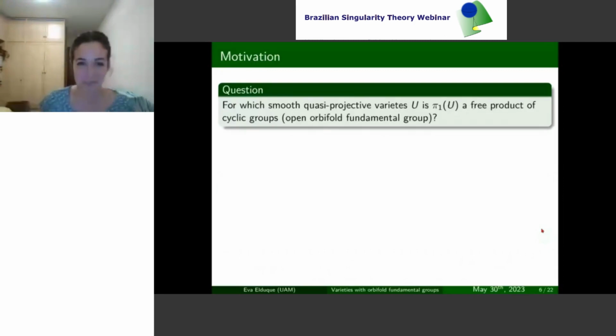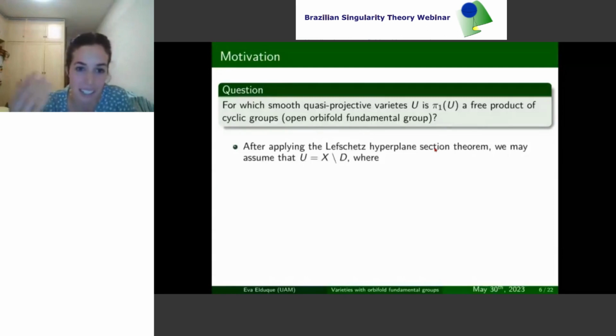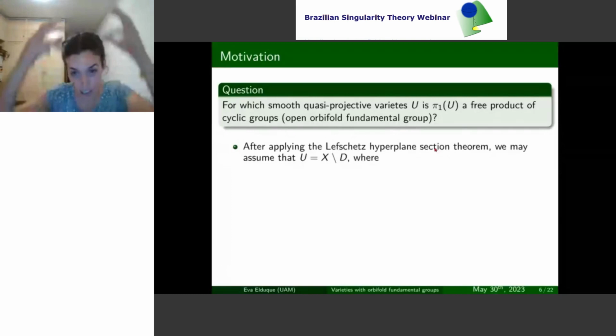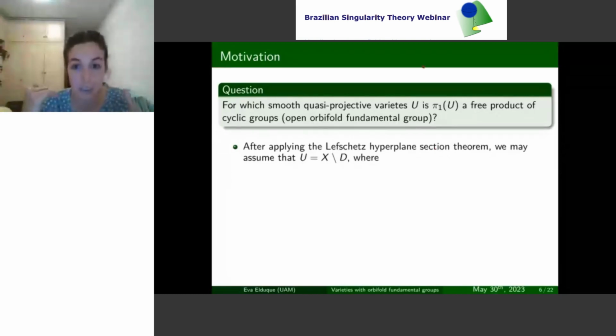All right, so yeah, we have this question: for which smooth quasi-projective varieties is the fundamental group a free product of cyclic groups? And I guess some observations. After intersecting with enough generic hyperplanes, that doesn't change the fundamental group, but it takes the dimension down.